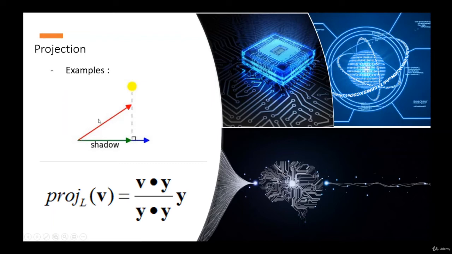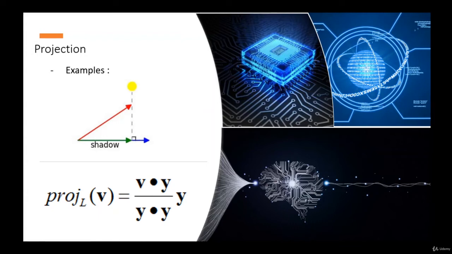Let's say this is the vector V and this is the vector Y. What we can see here is that we have a sun, and this would be the shadow of the vector V, and it's going to go all over the vector Y. If this vector right here is smaller, it's going to go only partly on the vector Y, and if it's really large, it's going to go completely over the vector Y. So the concept of projection is simply one vector going over the other one. As I said, it's something that is pretty simple.